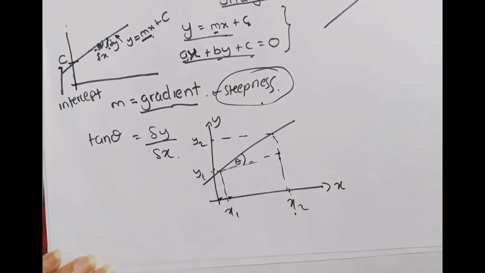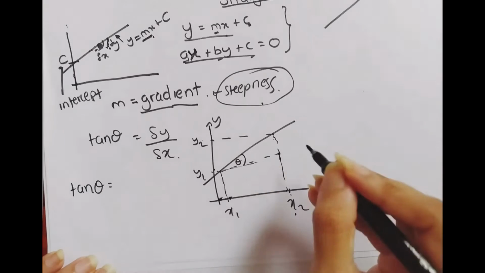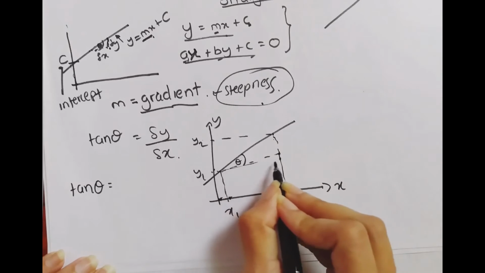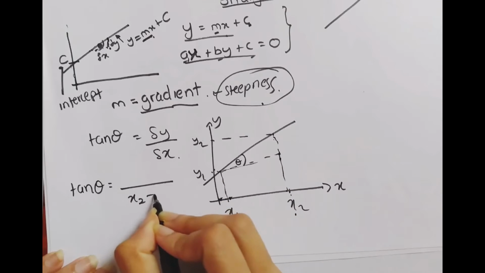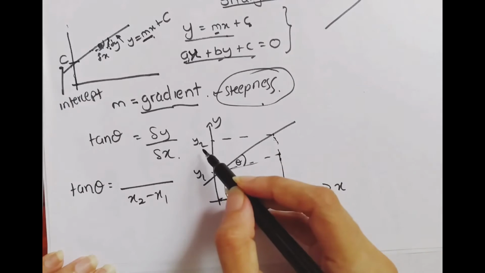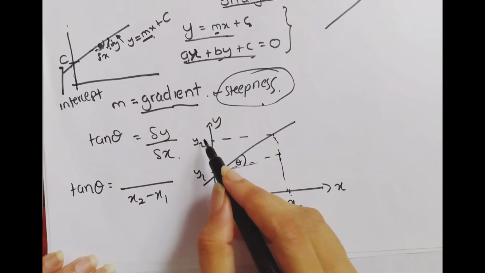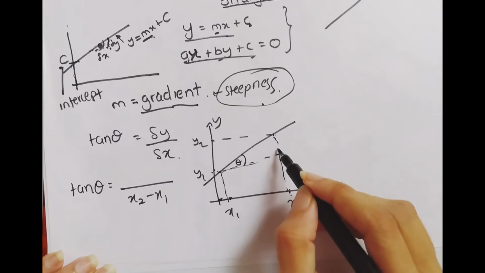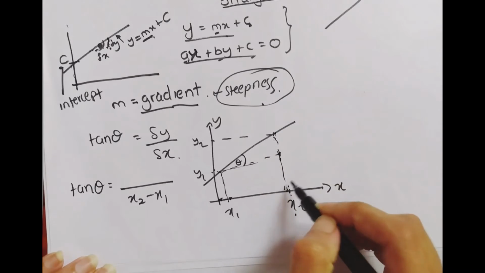If I take this as theta, then tan theta is equal to opposite over adjacent. I know the adjacent is x2 minus x1. What can you say about the height? Here, the total height is y2 and y1 is this much, but you want only this part, so it is y2 minus y1.